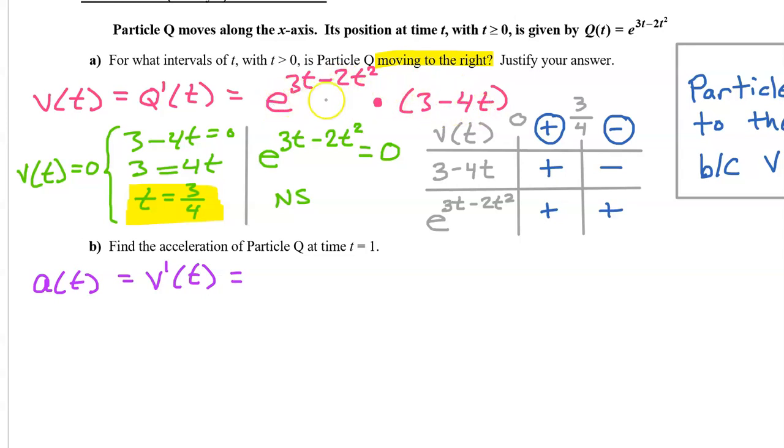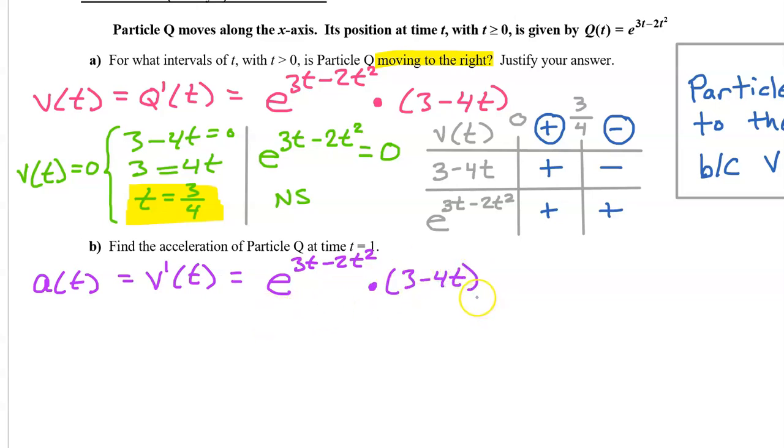The first time through, I take the derivative of the first factor. The derivative of e to the something is still e to the something. So I will have e to the 3t minus 2t squared. However, the chain rule demands that I multiply by the derivative of the exponent, which will be 3 minus 4t.